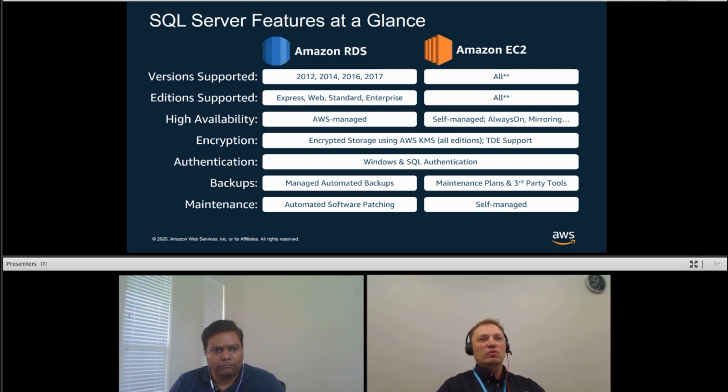Authentication: for those of you who have worked with SQL Server before, you're probably using Windows integrated authentication, and it is supported on both EC2 and RDS. As far as backups, as I mentioned before, on RDS that's our responsibility and comes to you as a managed experience. On EC2, it's all self-managed, and the same can be said about maintenance.